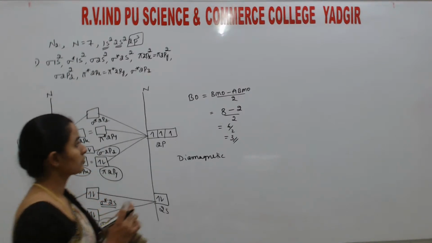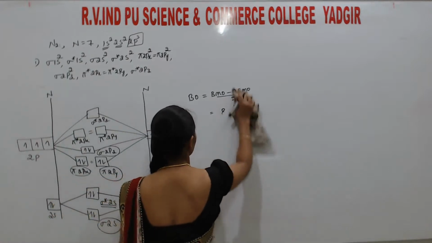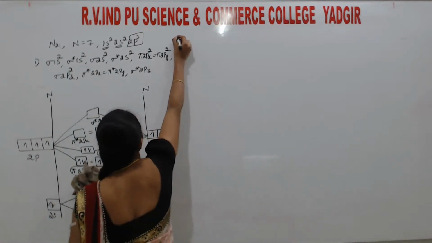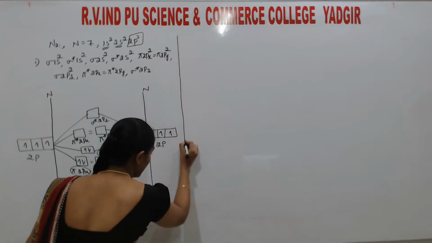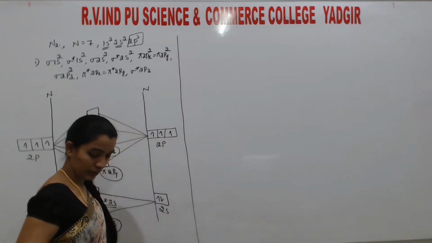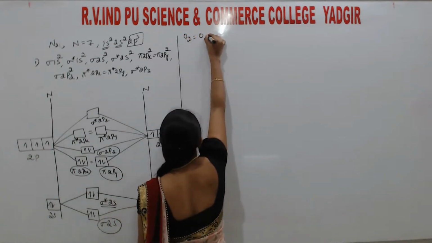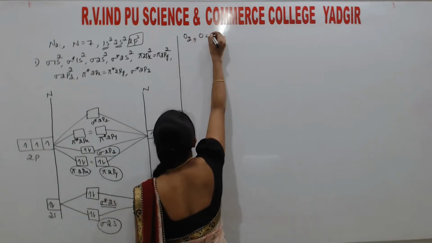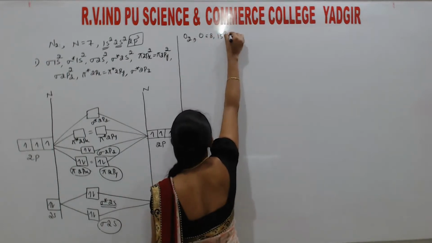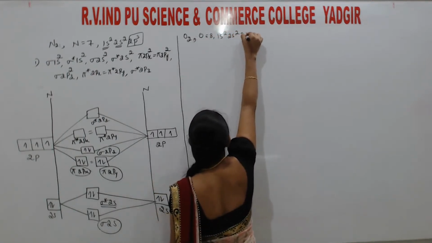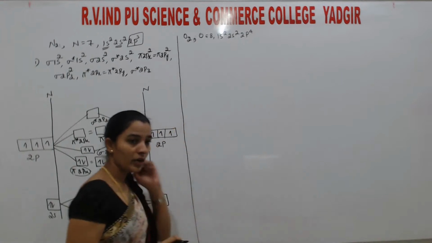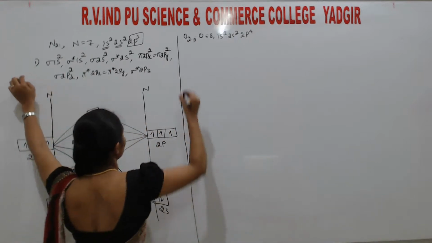Understood? The next is, we will get O2 molecule. So oxygen atomic number is 8. Configuration is 1s2, 2s2, 2p4. Okay, then the first one is the configuration.